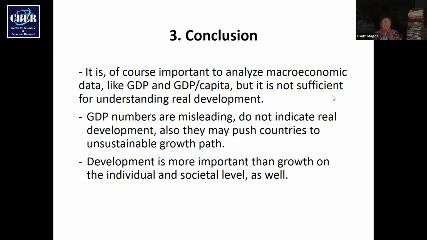Of course, we have to find the right types of development indicators. I just showed you a few. There are much more. But development has to describe the situation of the individuals and the society as well, the values we add to our population and our society, like the trust level in a society.